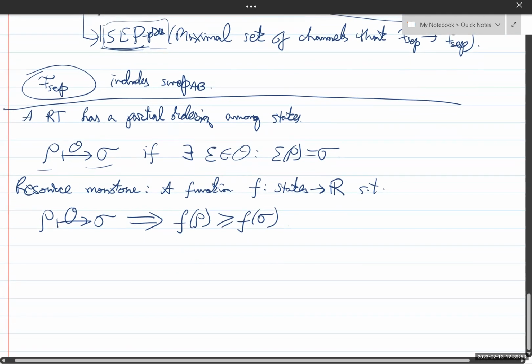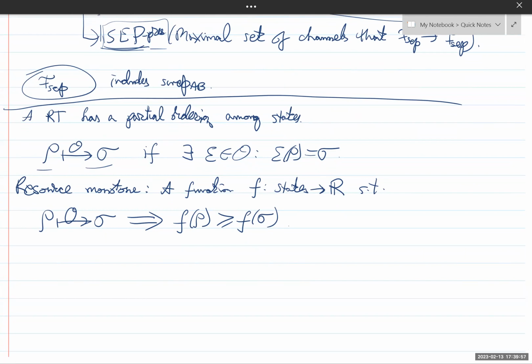So some kind of real valued function that would respect the partial ordering defined by the convertibility relation.